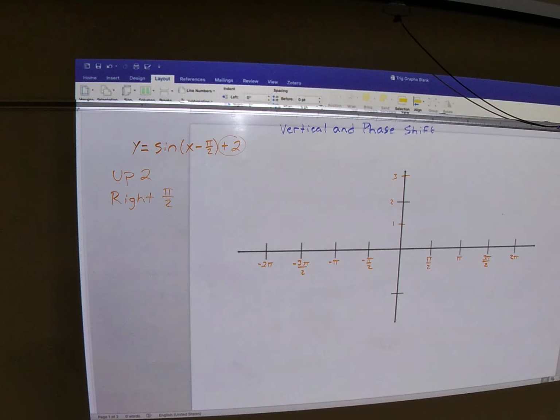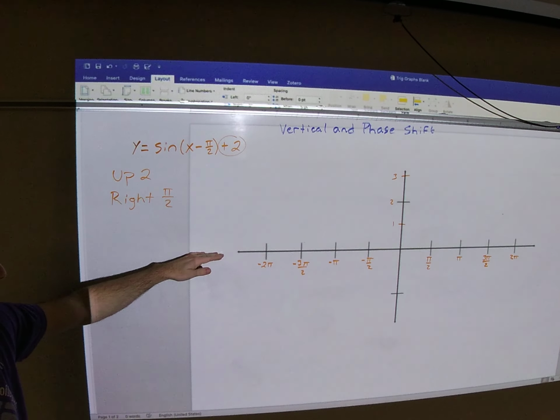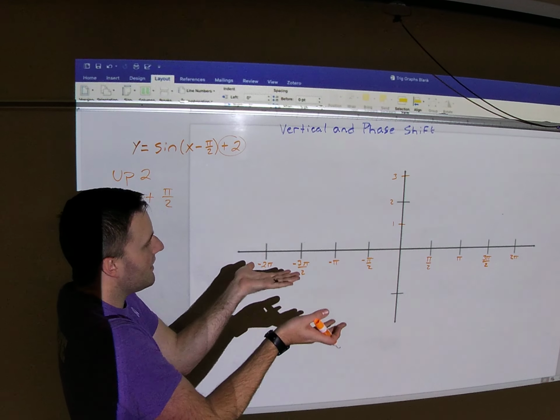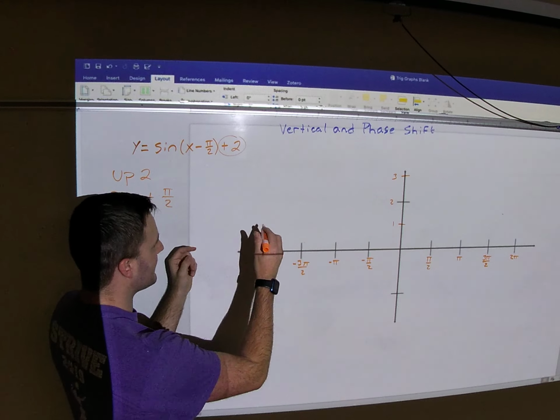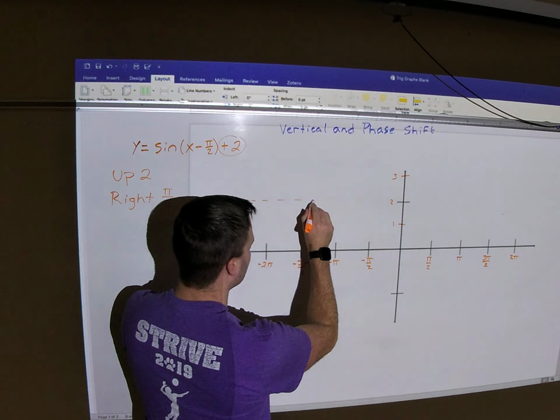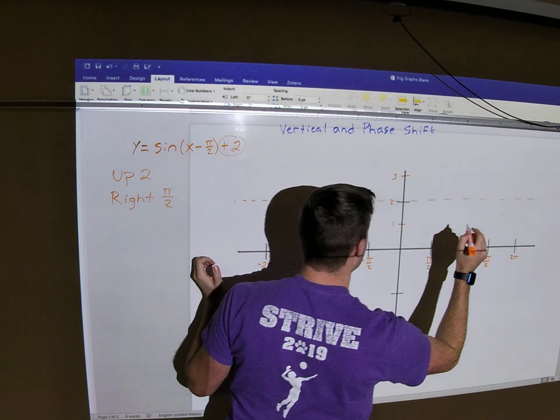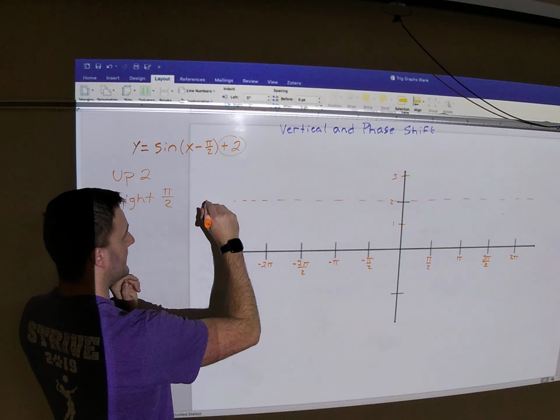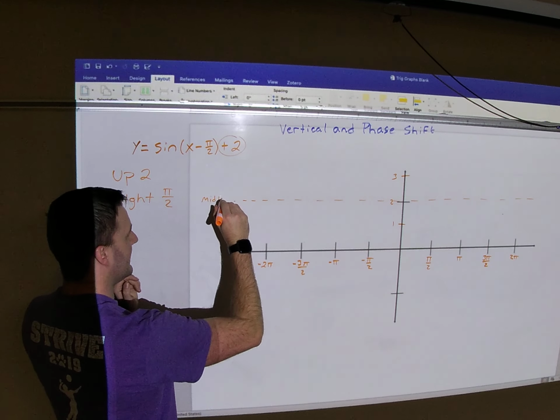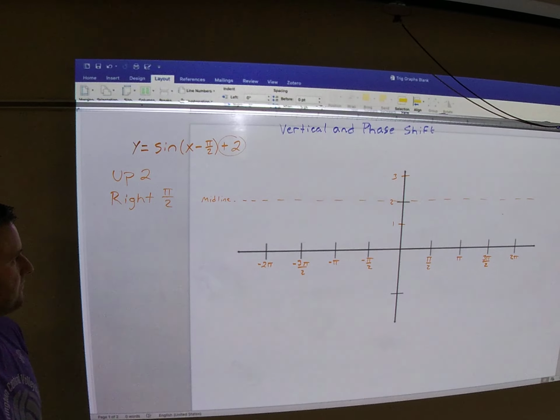Now, where do we start? So let's go ahead and start with our up and down, meaning our midline is going to change. Because our midline is going to shift up a distance of 2, instead of being at the x-axis, our midline is now going to be here at 2. And so I would draw a dotted line and I would write that, hey, this is my midline.